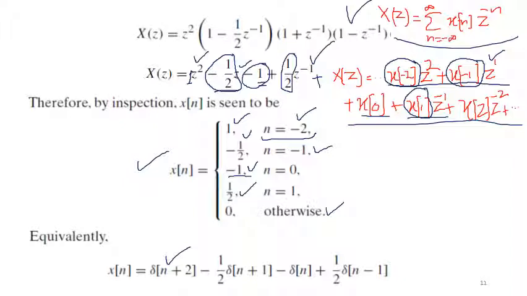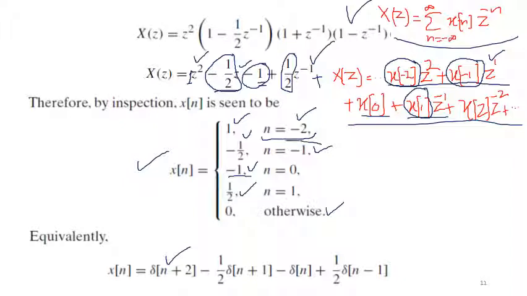Because you know that we can represent any signal in terms of scaled and shifted impulses. In case of discrete time signals, we can represent it as scaled and shifted discrete time impulses, and similarly for the continuous time case also.